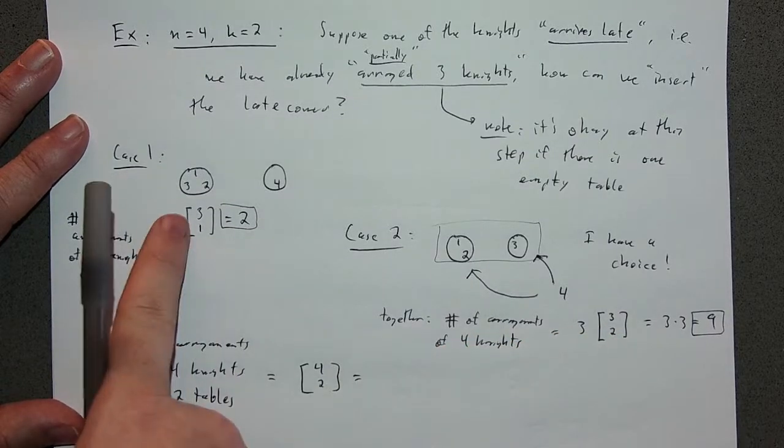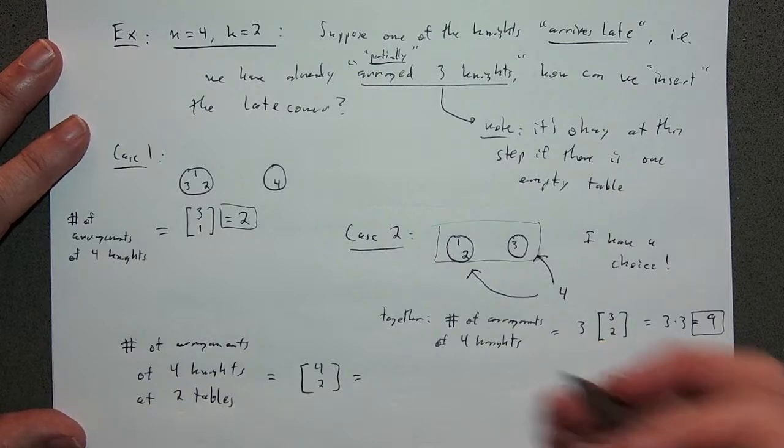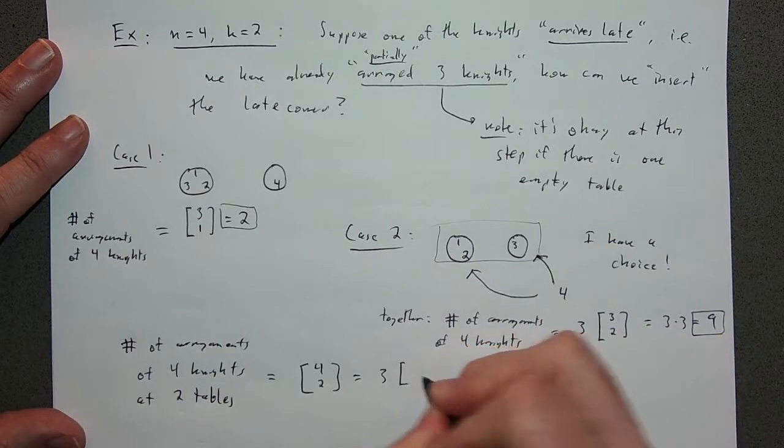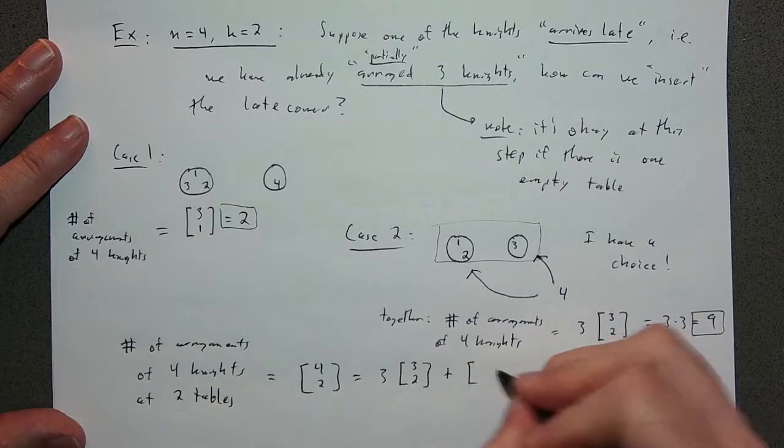Just by what we have written here, it is 3 times the Stirling number 3-2 plus the Stirling number 3-1.